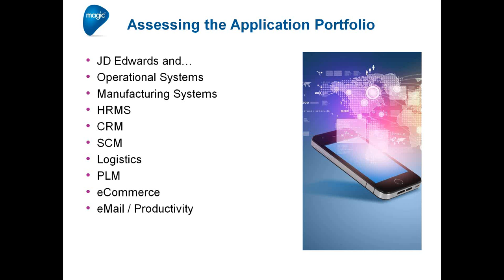And then, of course, your other specialized systems for human resource management, customer relationship management, supply chain management, logistics, warehousing, product lifecycle management, your e-commerce or m-commerce platforms, and your general email and productivity apps, things like SharePoint, and on and on. So there are a variety of different enterprise software systems that all of us tend to have in place in our organizations, and we need to assess them and look at where the integration touch points need to be in order to have seamless business processes.